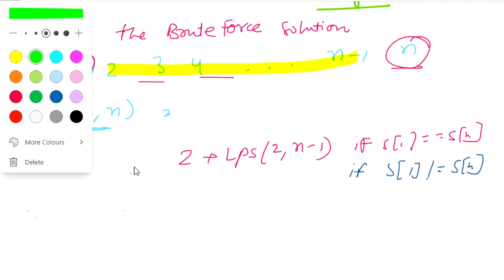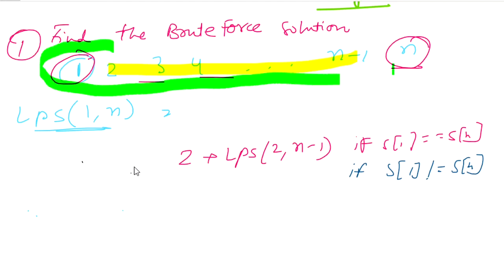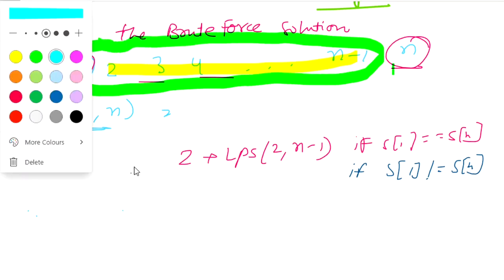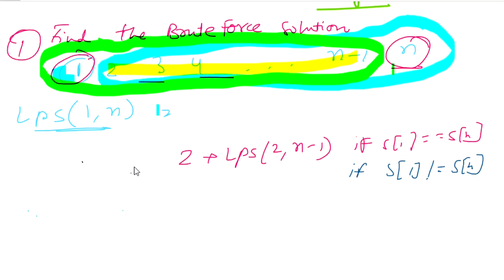Either you don't include this nth character and you check for the length of longest palindrome in this string, or another choice is you exclude the first character and you check for the length of longest palindrome in this string. Okay, so if the first string returns some length, let's say x, and the second returns, let's say y, and since we want our palindrome to be maximum, we'll take the maximum of x and y.